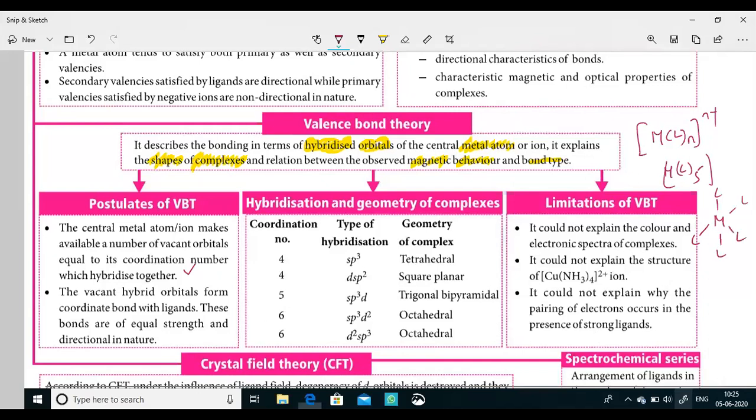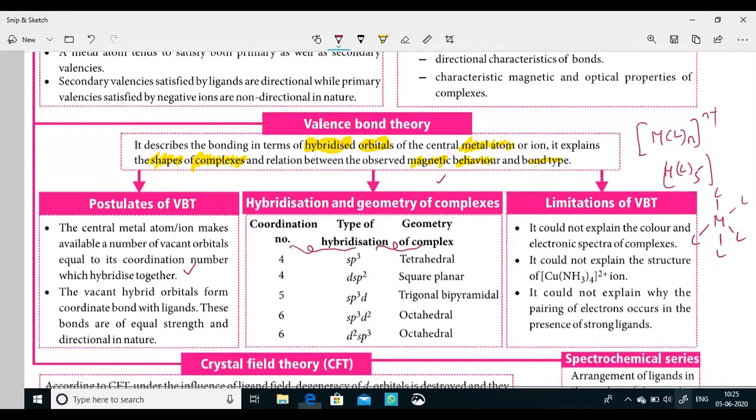And here we have a list of compounds, hybridization and geometry of complexes. This table explains the relationship between the coordination number, type of hybridization and geometry of the complex.